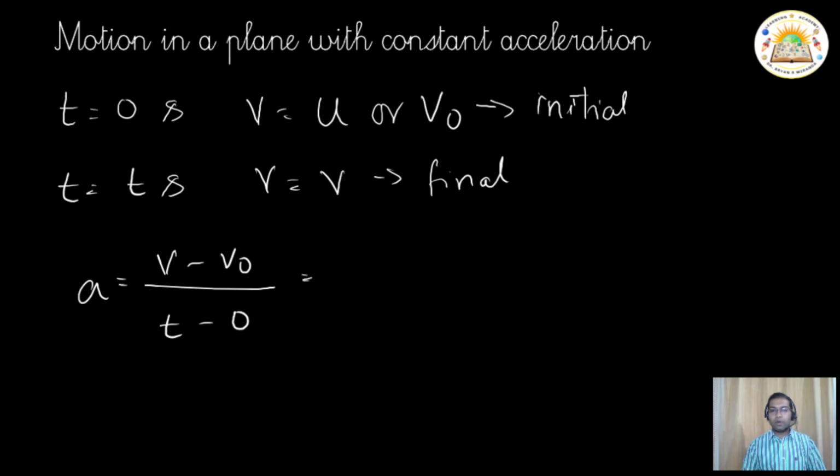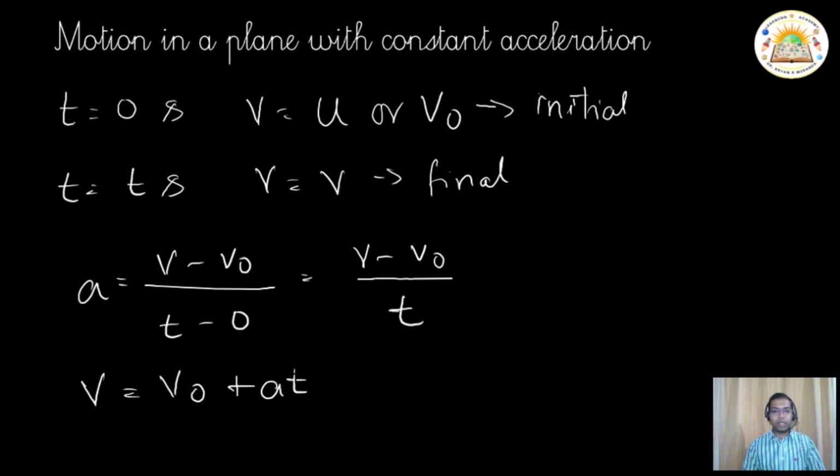So I get this as v minus v naught by t, which is nothing but the acceleration, the change in velocity with respect to the time. Now, I can just rearrange this and I will get v is equal to v naught plus at.